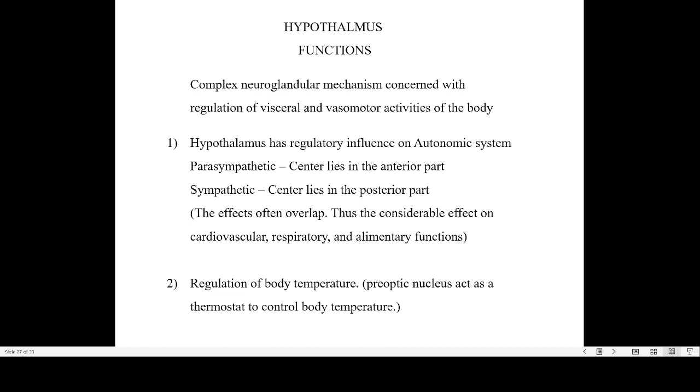The parasympathetic center lies in the anterior part of the hypothalamus, and the sympathetic center lies in the posterior part. The effects overlap, thus having considerable effect on cardiovascular, respiratory and alimentary function.